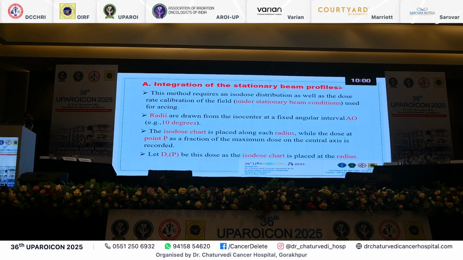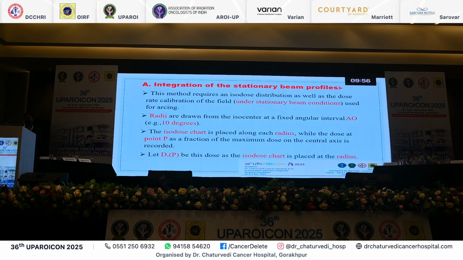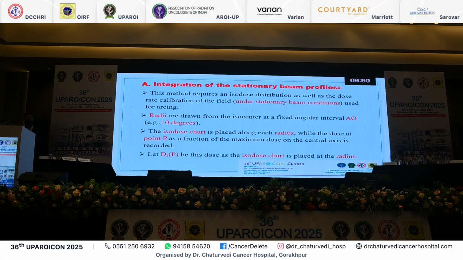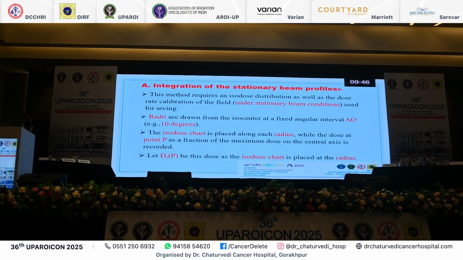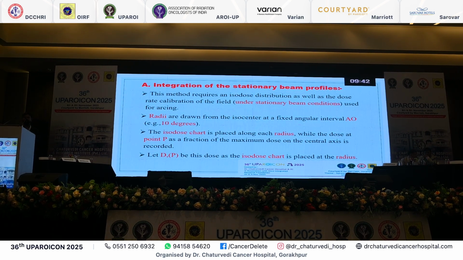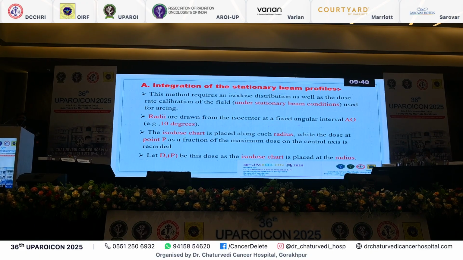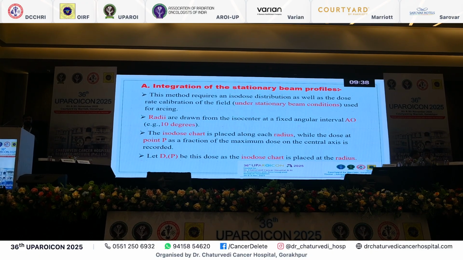This method requires an isodose distribution as well as the dose rate calibration of the field under the stationary beam condition used for arcing. Radii are drawn from the isocenter at fixed angular intervals, for example 10 degrees on both sides.